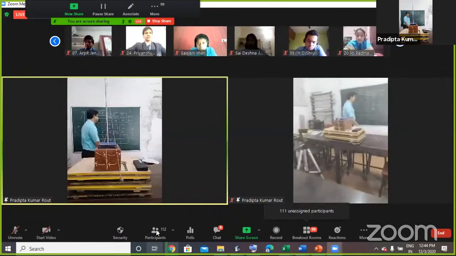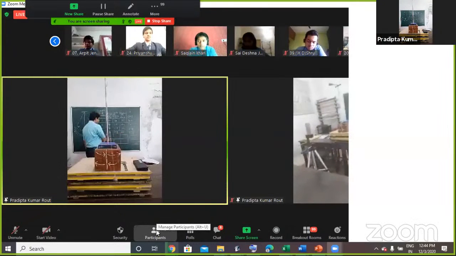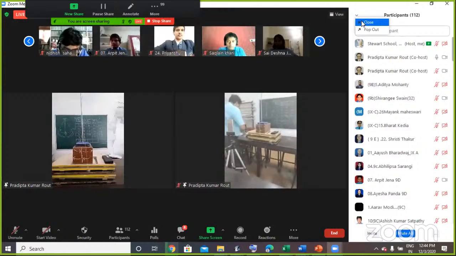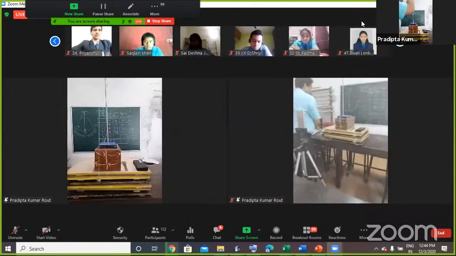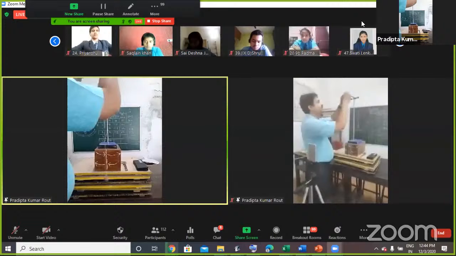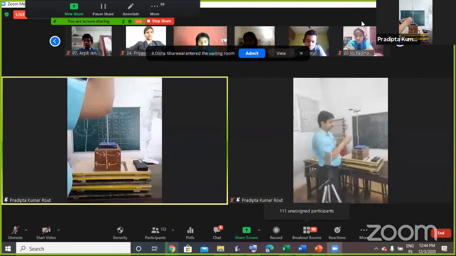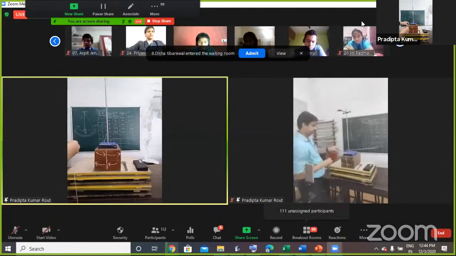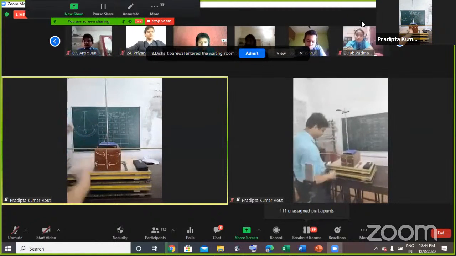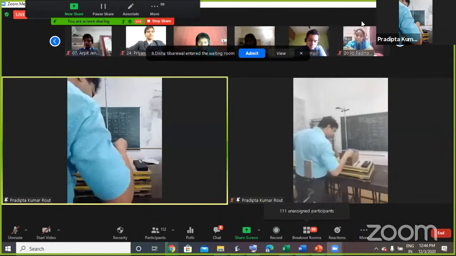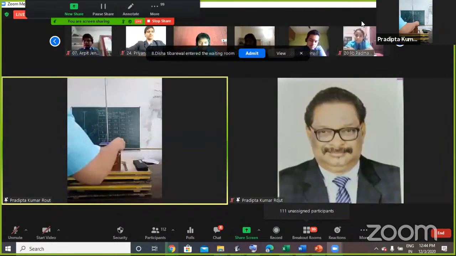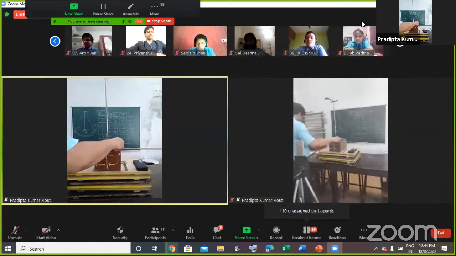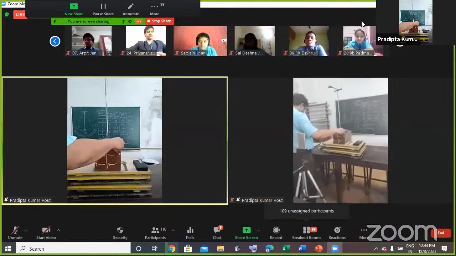Now we come to 60 centimeter. 60 centimeter means the length of the thread will now be 58 centimeter. 58 centimeter we have to take. 58 is here, 0 mark is at this end.